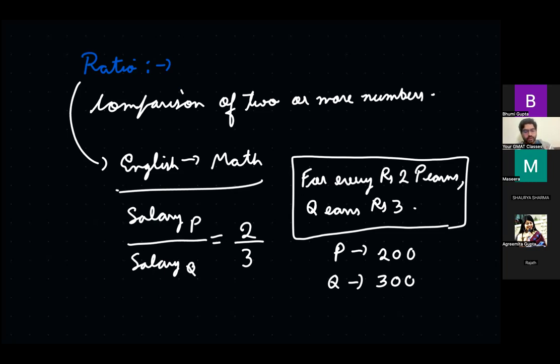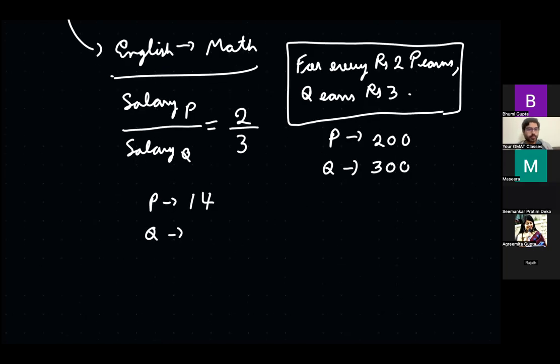And if P earns, let's say, rupees 14, how much will Q earn? 21. Yeah, because the value of P is multiplied by 7, so the value of Q will also be multiplied by 7. This brings us to the first point that we should know in ratio.